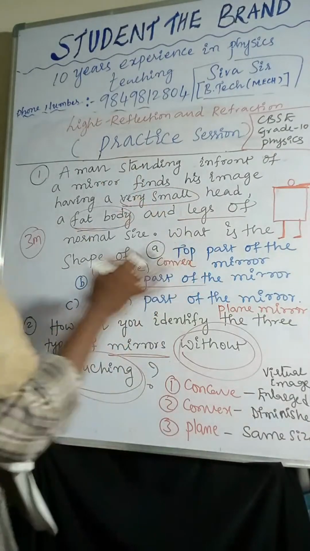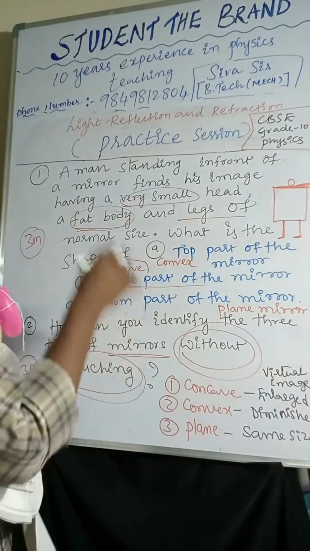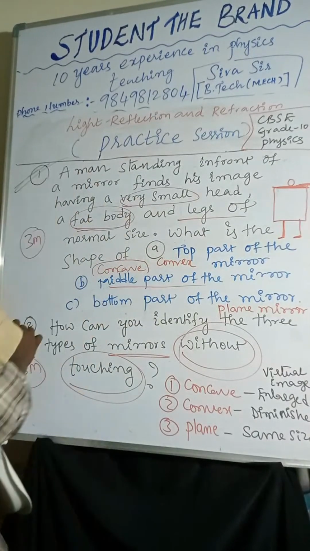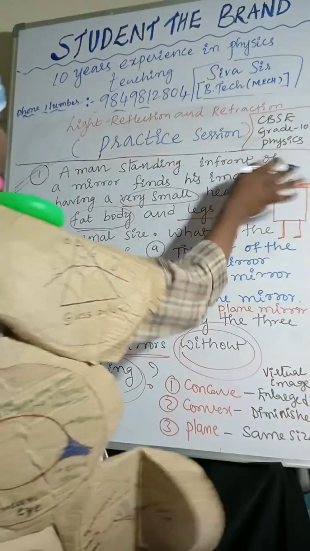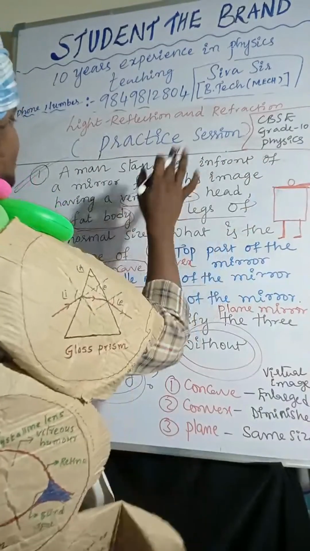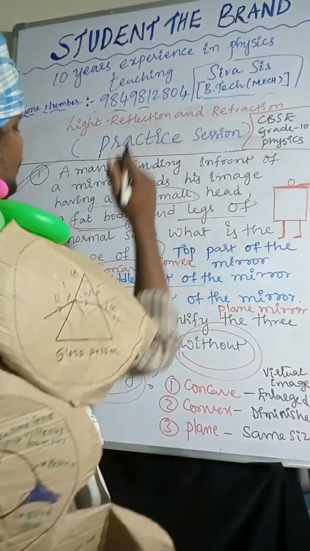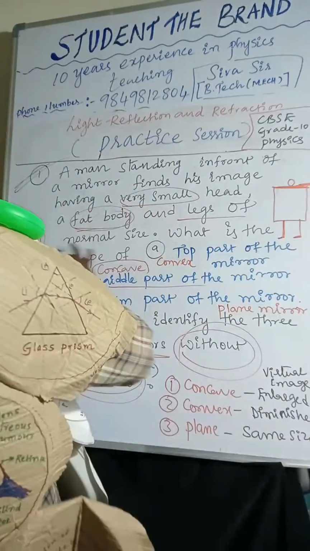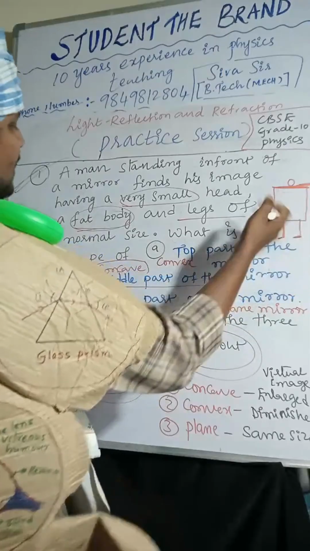Very, very important, a highly important 3 marks question. A man standing in front of a mirror finds his image having a very small head, convex; a fat body, concave; and normal size legs, plane mirror.